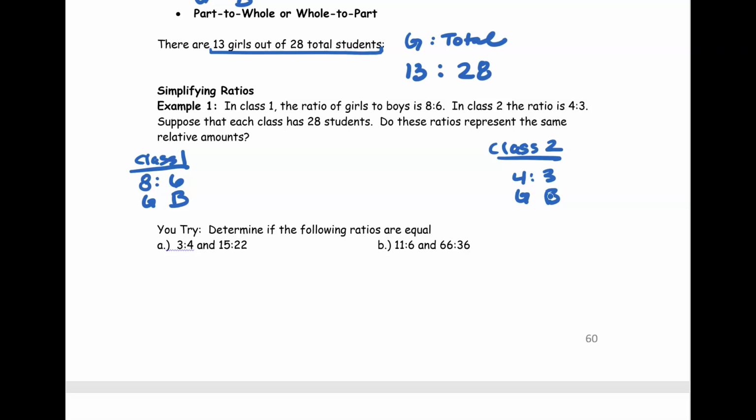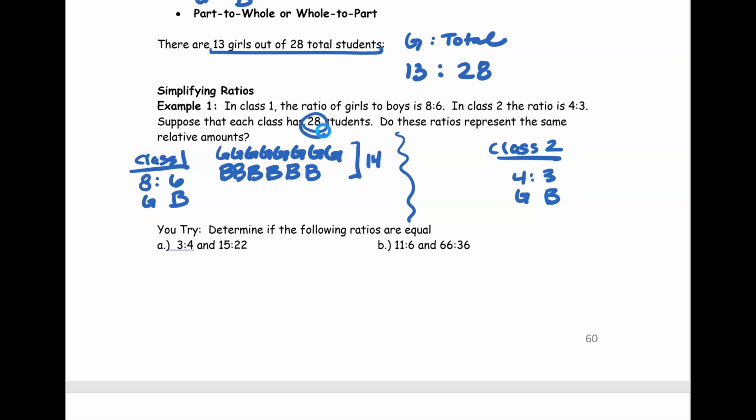Well, let's draw a picture. If class 1 has 8 girls for every 6 boys, we can draw a diagram like this, where we say 8 girls, 1, 2, 3, 4, 5, 6, 7, 8, 6 boys. Now, 8 plus 6 is 14, so there's 14 kids there.